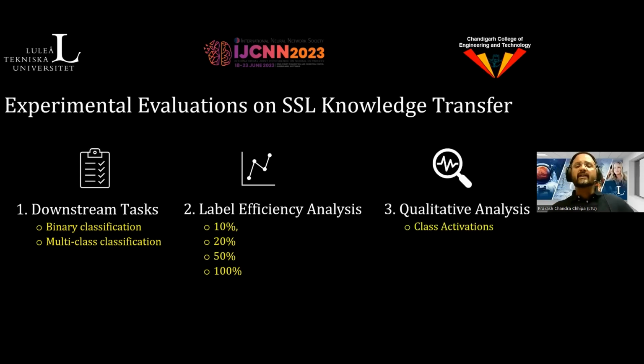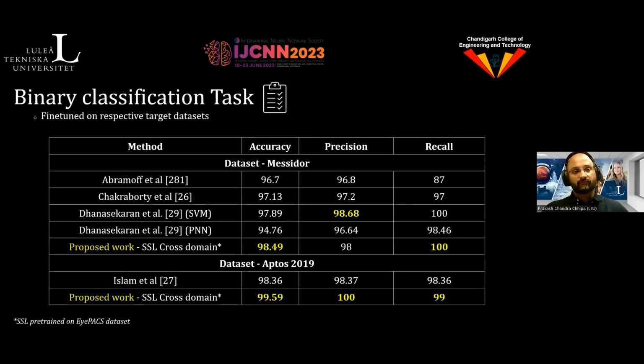Then the quality analysis, where we would like to understand the performance metrics and the class activation maps, that is, how well the representation has been learned, which supports the performance gain from self-supervised representation learning knowledge transfer.